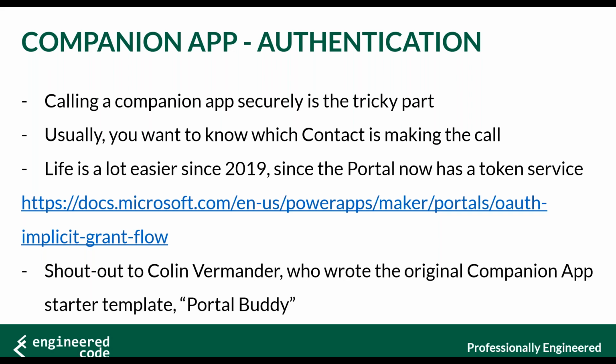That token can be validated from the companion app, and so your companion app can be assured that it is a legitimate token that was only issued to the authorized person. And one of the things that token contains is the ID of the contact making the call. So as long as you're passing that token, you can be assured that this person is logged into the portal, and this is their contact ID.